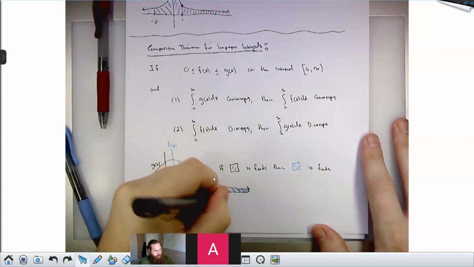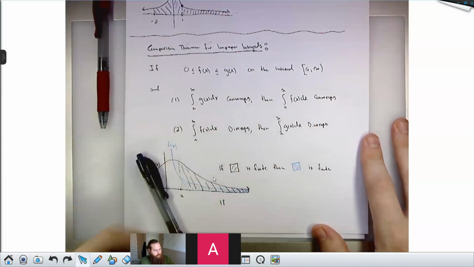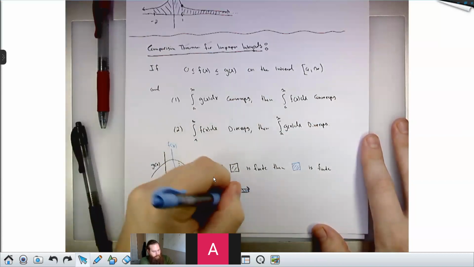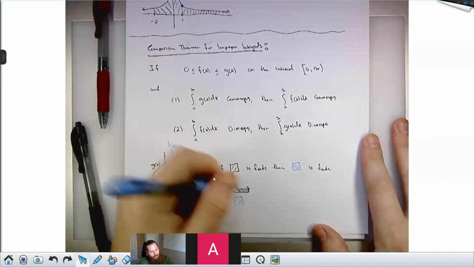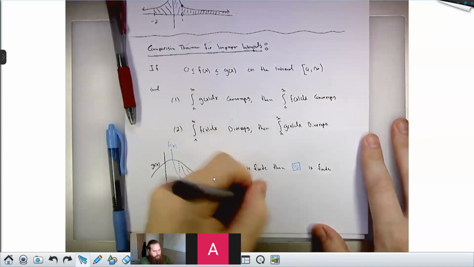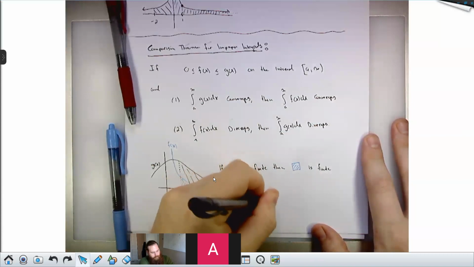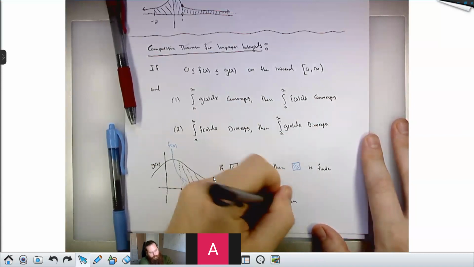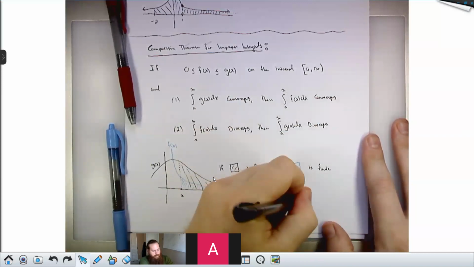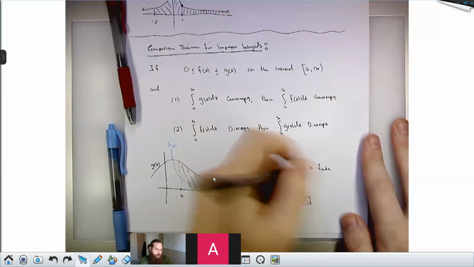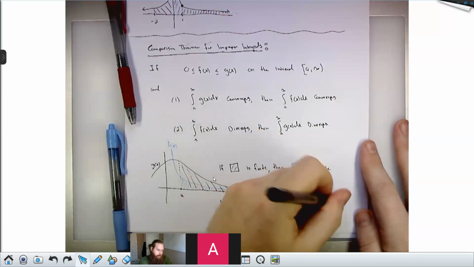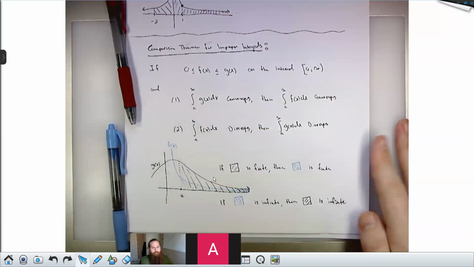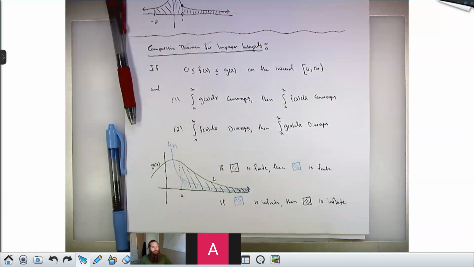And if the blue area is infinite, then the black area is infinite. Make sense?